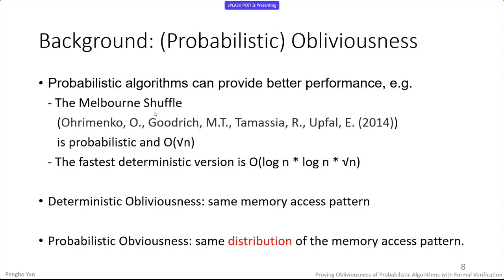But the probabilistic version says that the memory access pattern may be different in some cases over different sensitive data, but their distribution must be the same. So it is random, but regardless of the sensitive data, the distribution of those random access patterns must be the same. In this case, the memory access pattern is still independent from the sensitive data and will not leak any information about the sensitive data.